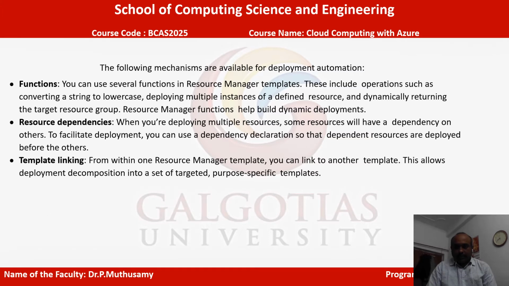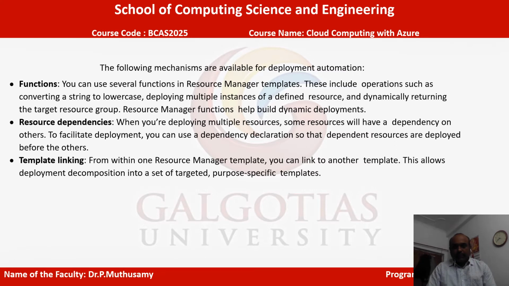Very good afternoon, guys. Today we are going to talk about Azure portals. In Azure portals, the following mechanisms are available for deployment automation. The first one is functions, the second is resource dependencies, the third is template linking.